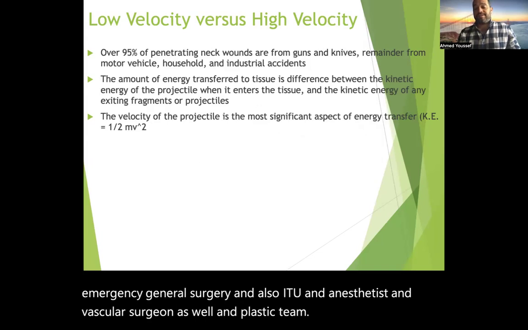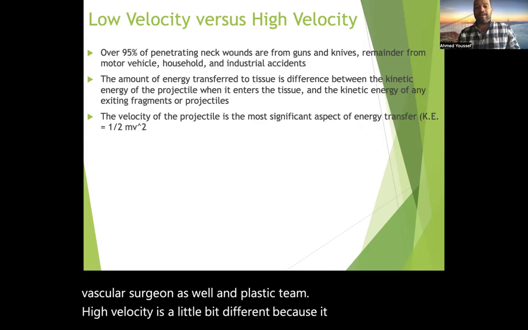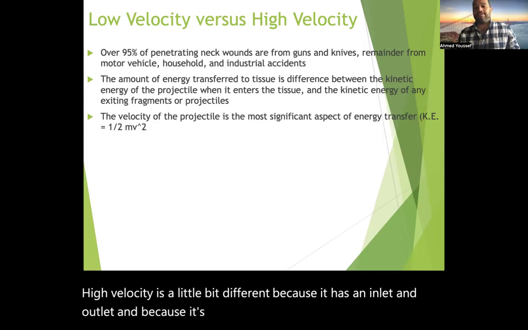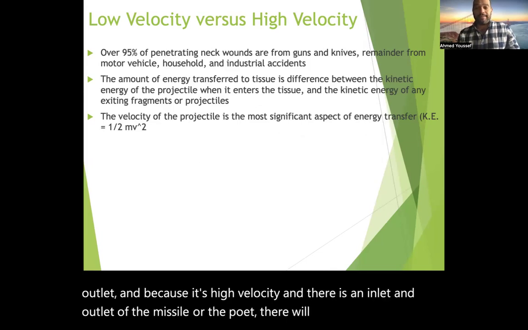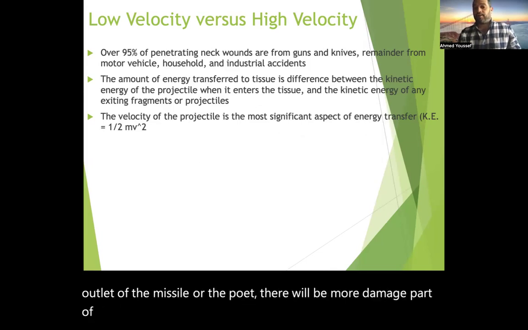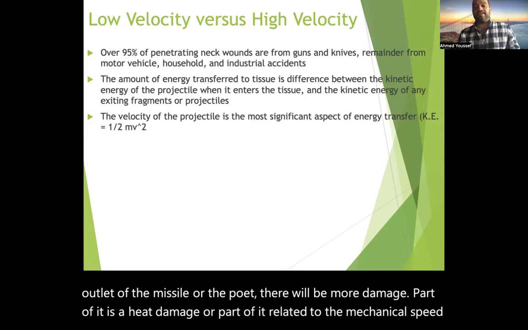High velocity is a little bit different because it has an inlet and outlet, and because it's high velocity, with an inlet and outlet of the missile or bullet, there will be more damage. Part of it is the heat damage, and part of it is related to the mechanical speed of the missile itself.